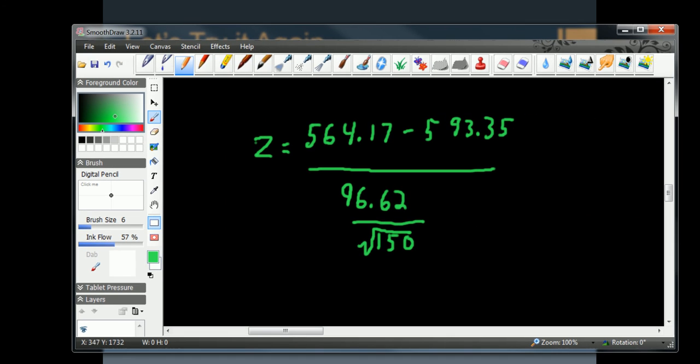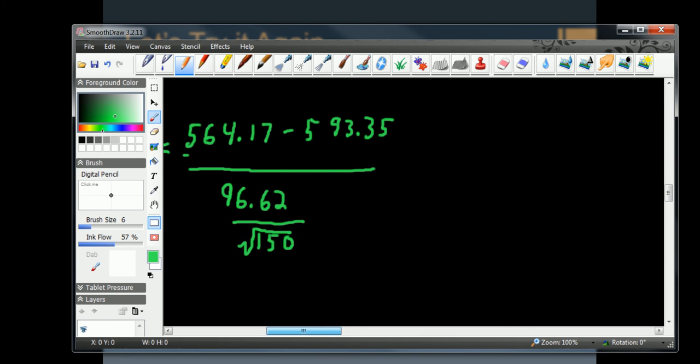So here we have the sample mean, 564.17, population mean, 593.35, and then in the denominator we have the standard error, which is 96.62, divided by the square root of 150. So let's go ahead and calculate z.